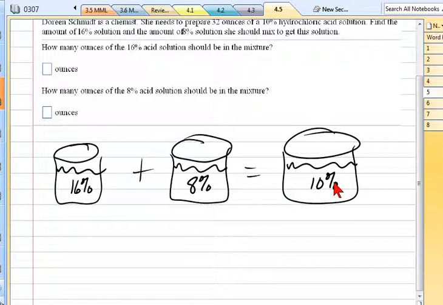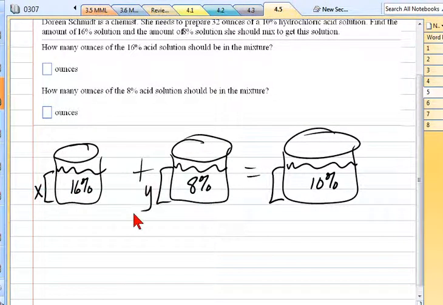All right, so I've got my little beakers, and now I need to talk about how much of each one. Well, that's the question. How much of the 16 and how much of the 8? So X and Y. Now, the 10%, it tells us how much: 32 ounces.